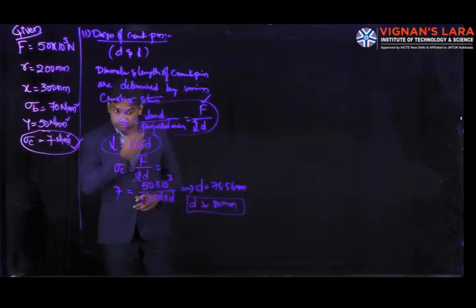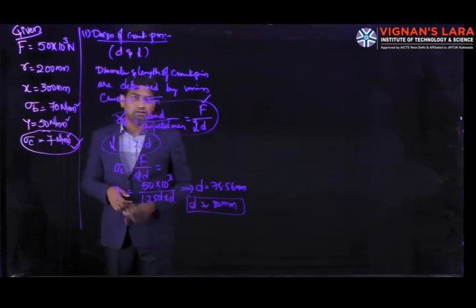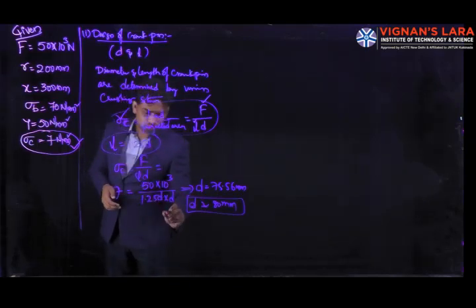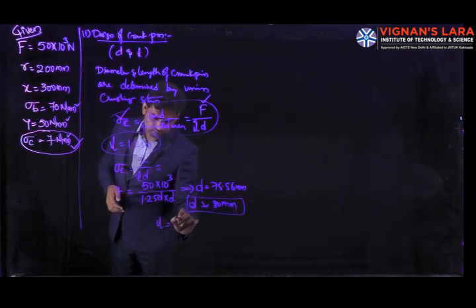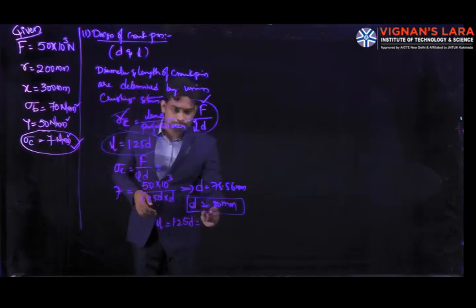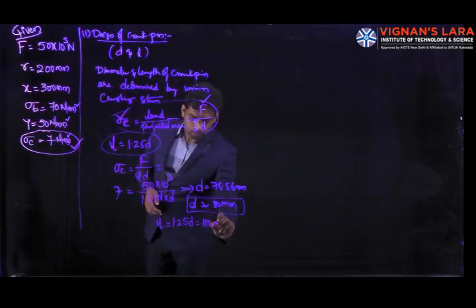Clear? This is how the diameter of the crank pin is determined. After that, we also need to calculate the length, which is taken as 1.25 times D, so if you calculate this value you get around 100 mm.